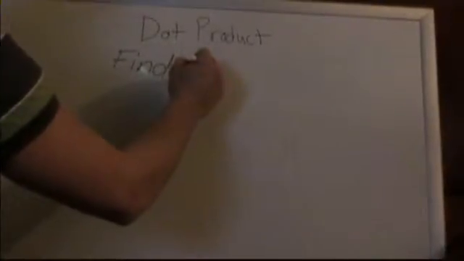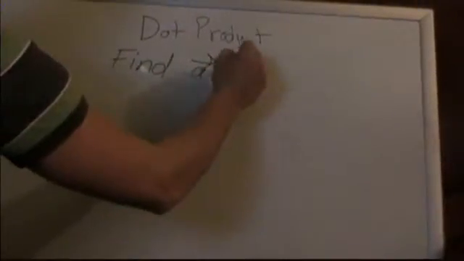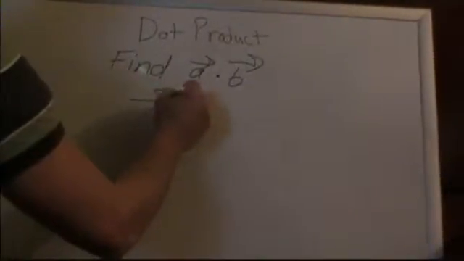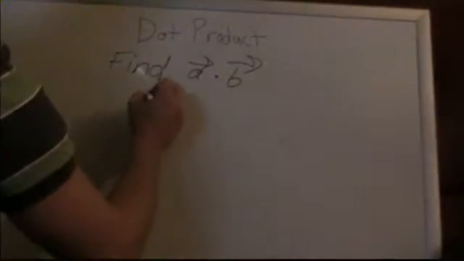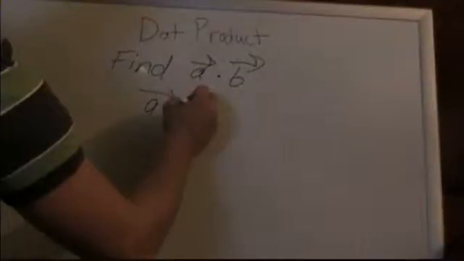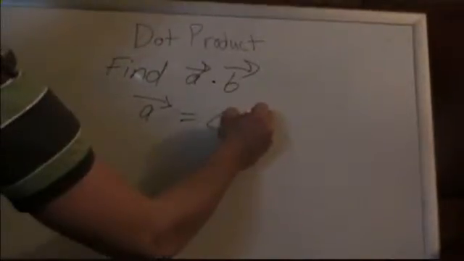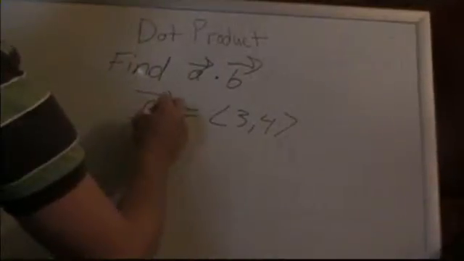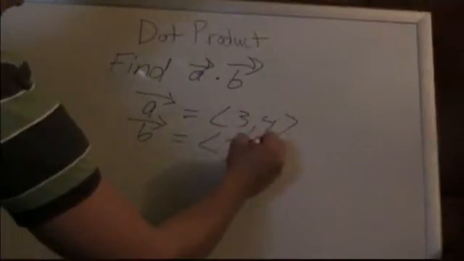So just finding the dot product between vector A and vector B. And we'll say that vector A is equal to, let's say, just 3 and 4, and then vector B is going to be equal to, say, 2 and 1.